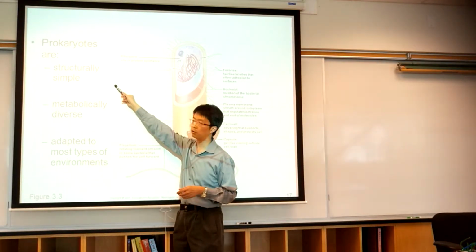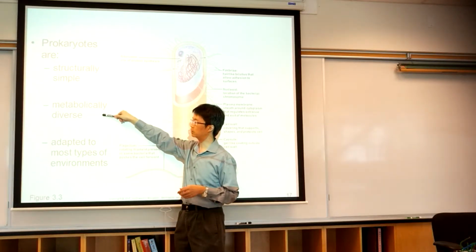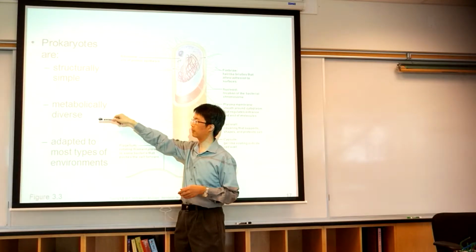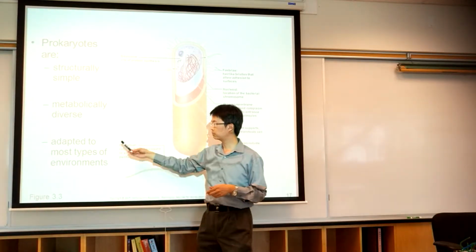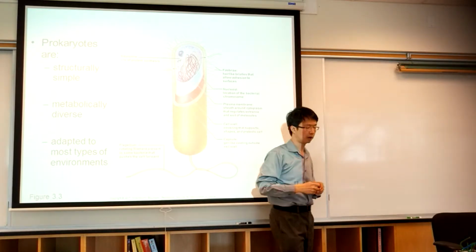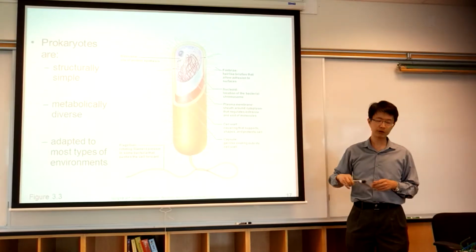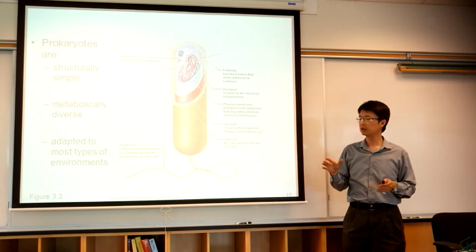They have a simple structure, and they are metabolically diverse, meaning that they adapt to most types of environment. Being metabolically diverse is one of the reasons that they can adapt to different types of environment.